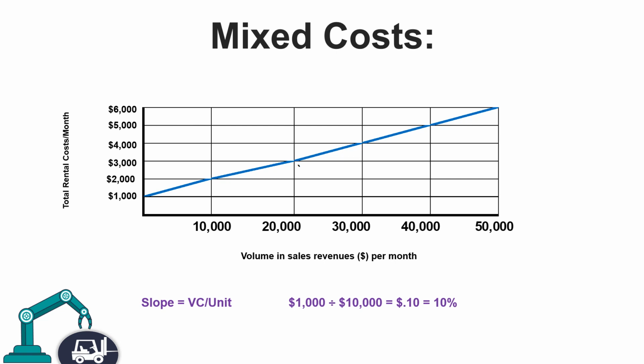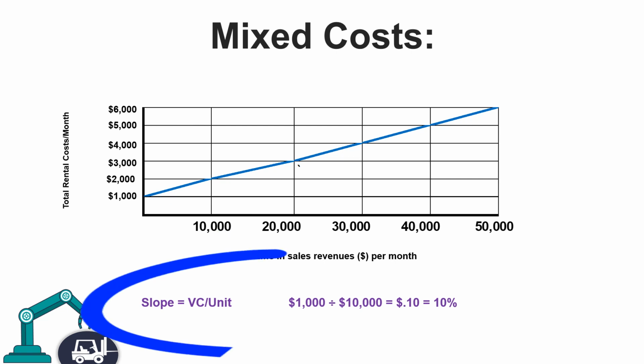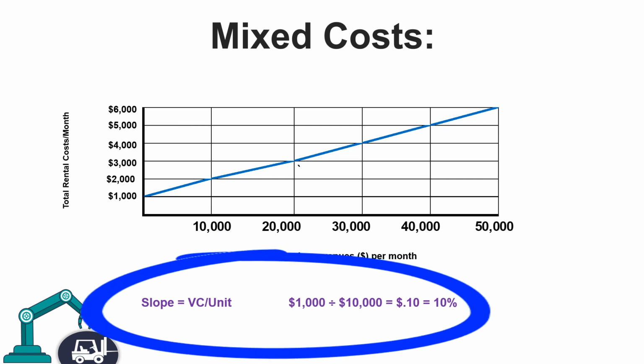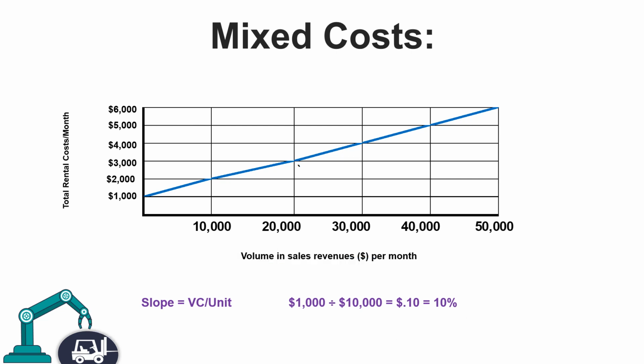So the rise would be $1,000, and the run would be zero volume to $10,000 worth of sales revenues, or a $10,000 increase. $1,000 of increase over a $10,000 change in volume represents a 10% increase, which is what we reasonably anticipated when we knew the contract had spelled out that we're going to have to pay 10 cents on every dollar of sales revenues, or 10%.